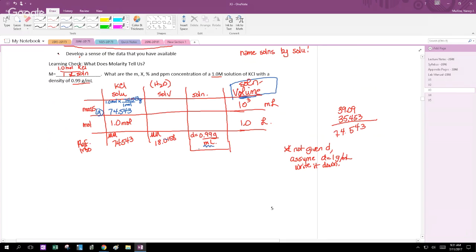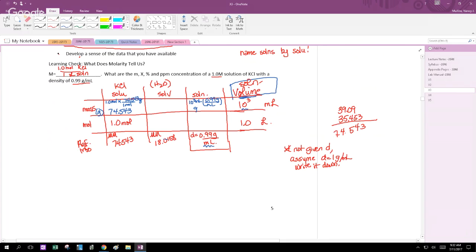Sure. I've got a density that talks about milliliters, and I know how many milliliters I have. Would you agree to that? So if you have milliliters and density, you can always find grams. I have 10 to the 3rd milliliters of solution. And I know according to my density that for every milliliter, there's 0.99 grams.